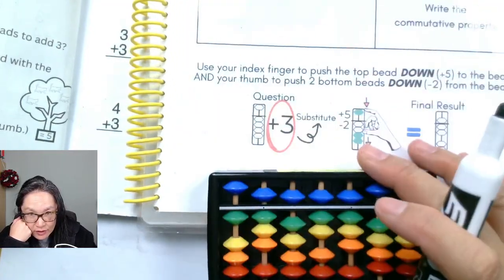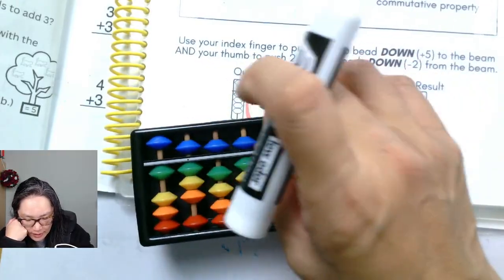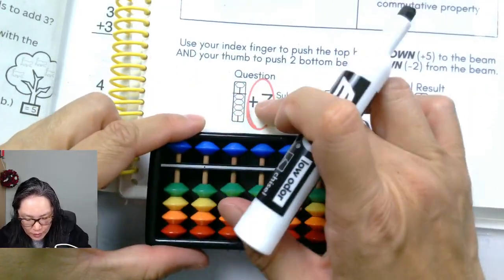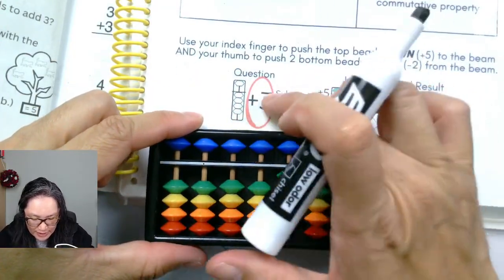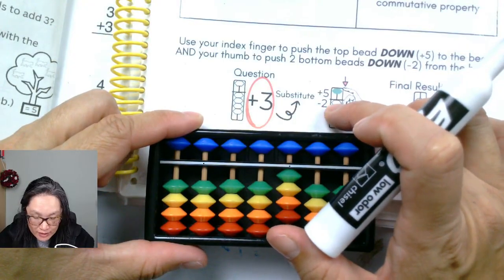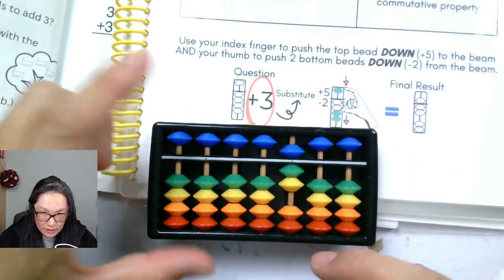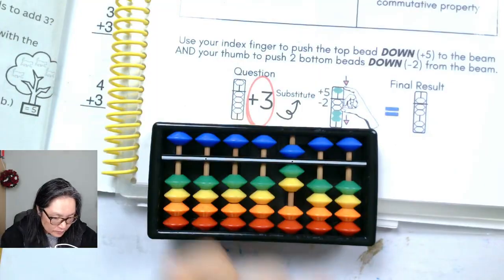When I have here the question 4 plus 3, when I add the 4 and I need to add the 3, I need to substitute plus the 5 minus the 2. My answer is 7. Here's another way.